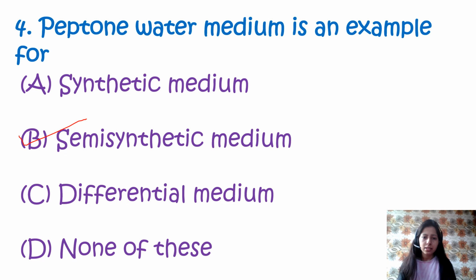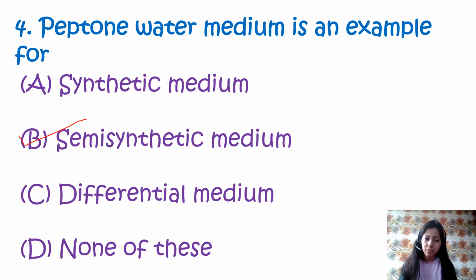Actually, what are synthetic media? Those media which are defined as media that contain only pure ingredients whose exact composition is known. These are synthetic media, whereas semisynthetic media contain both chemically defined and complex components.